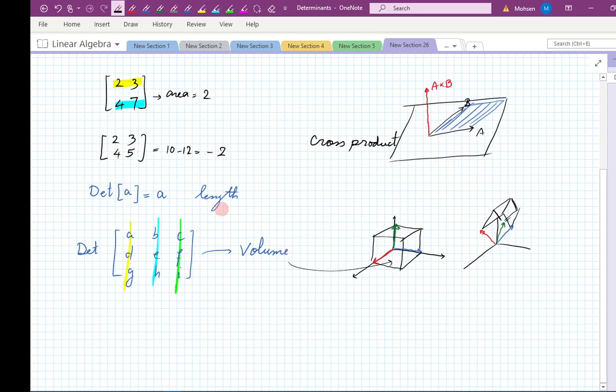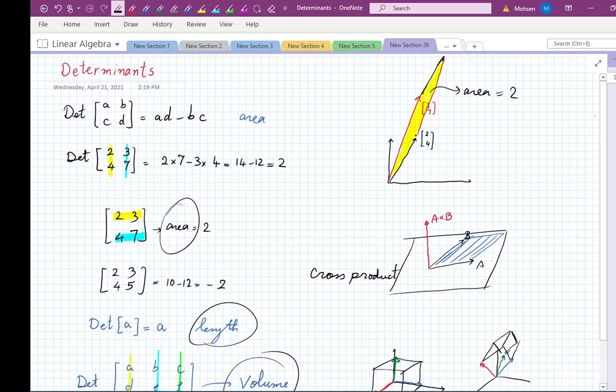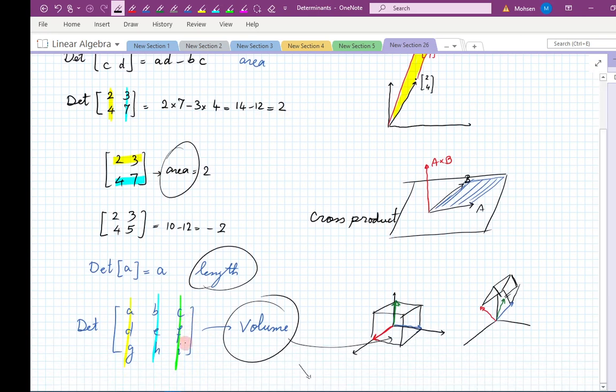So we have length, area, volume, and then you go to 4 dimensions, and whatever that is, it is equal to the determinant of the 4 by 4. However, as far as the formula is concerned, things get out of hand pretty quickly. 2 by 2 is manageable. 1 by 1, of course, was trivial. For 3 by 3, we have given some shortcuts before.